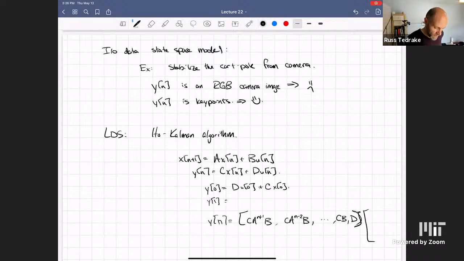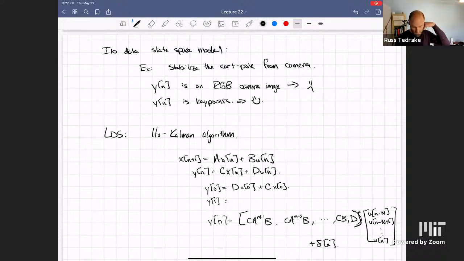Times the inputs I've passed in, which in this case would be staggered, just lined up like this, u of minus n plus 1 all the way down to u_n. And that completely describes what I would expect to get from a linear dynamical system if I had a known A, B, C, and D. My initial condition terms might come in separately, or anything that's more than my capital N history, okay?